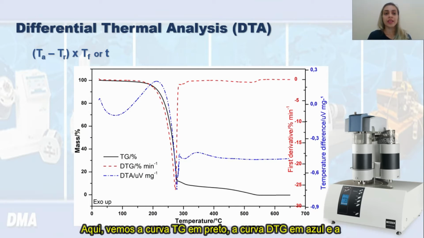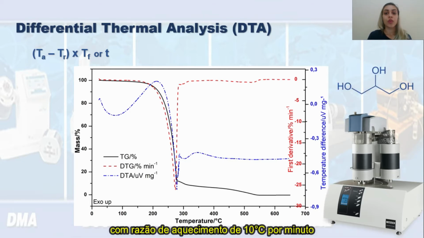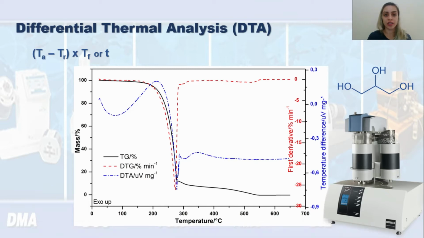Here we see the TG curve in black, the DTG curve in red, and the DTA curve in blue, referring to the analysis of glycerol from 30 to 650 degrees, with a heating rate of 10 degrees per minute. The TG and DTG curves of the glycerol show two mass losses, and in the DTG the peaks become clearer.